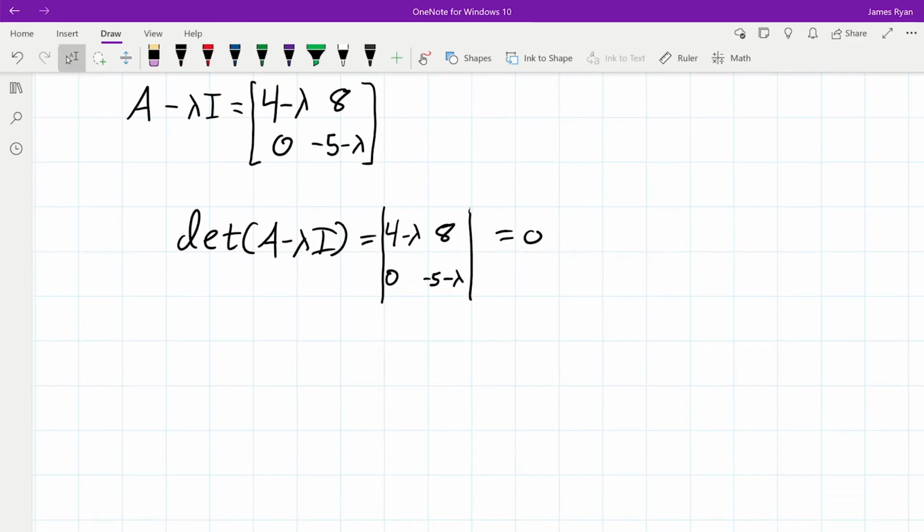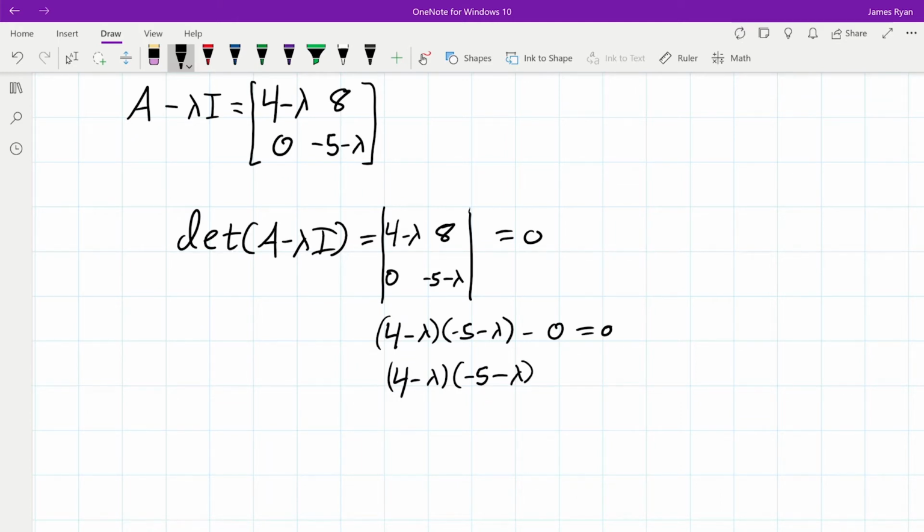So if we expand out the determinant, we get 4 minus lambda times negative 5 minus lambda minus 0 equals 0. So that means that 4 minus lambda times negative 5 minus lambda equals 0.